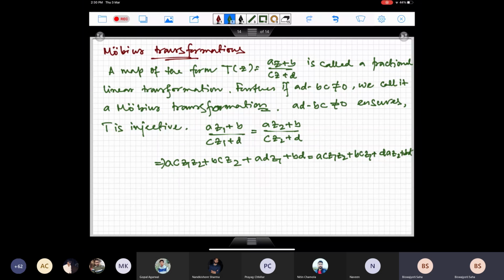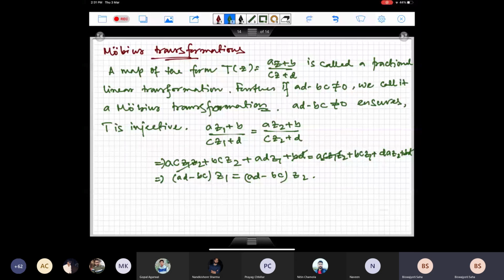So I can cancel bd and ac z1 z2, and therefore if I collect all these terms, (ad minus bc) times z1 is equal to (ad minus bc) times z2.